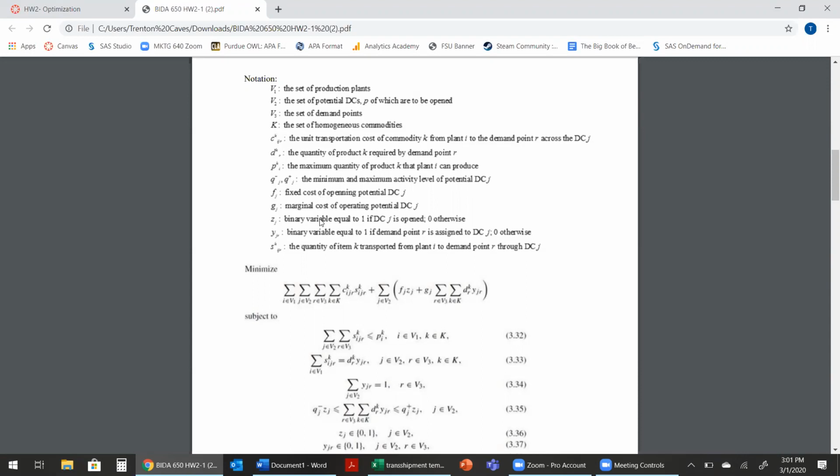And Zj is a binary variable equal to 1 if the DC j is opened or 0 otherwise. So because we don't know how many distribution centers we're going to need, this is looking at the fixed cost of any distribution center that we open.